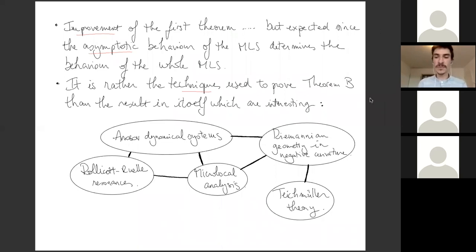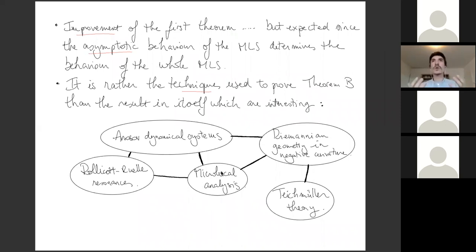So to be very quick, I'm going to talk about Anosov dynamical systems and the link between Riemannian geometry and also Pollicott-Ruelle resonances. I will recall everything, and the central theory here is really microlocal analysis.